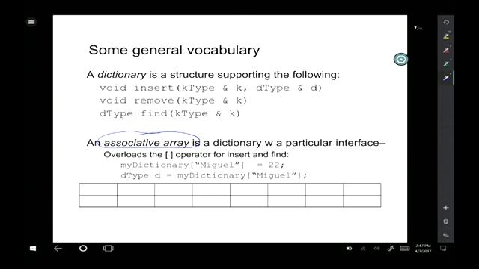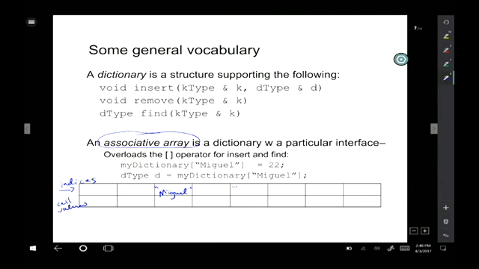The way that should live in your mind is that you still have your indices and you still have your cell values, but you think of your indices as if they are strings.